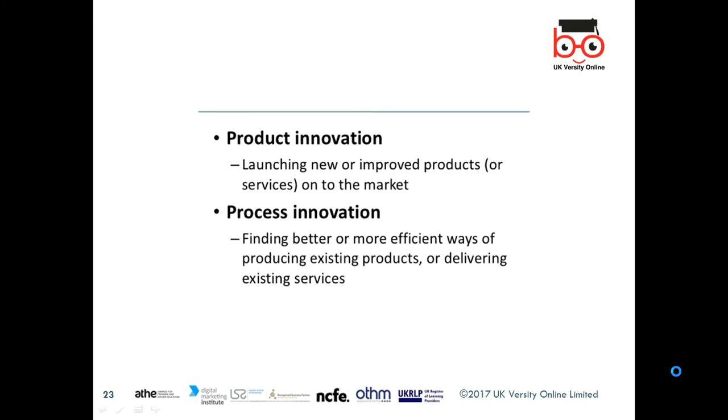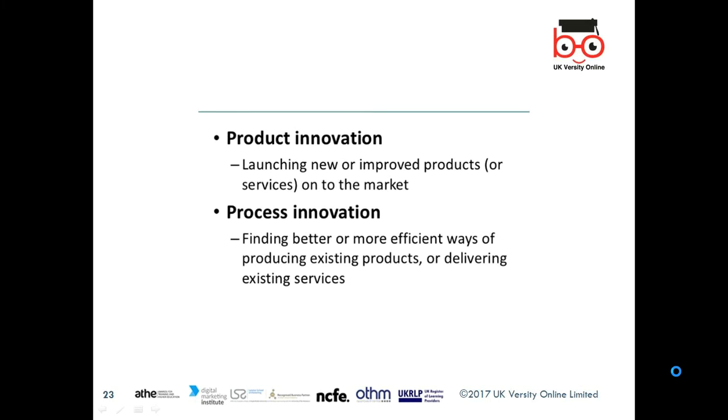So product innovation can be launching a new or improved product. The company is always looking at the packaging, you may have observed this yourself as well. They are also always looking at the processes, finding better or more efficient ways of producing existing products and delivering existing services. Like recently, they have just started a self-check service, a little scanner you can use with your trolley, and then you scan the items as you go and finish your shopping.